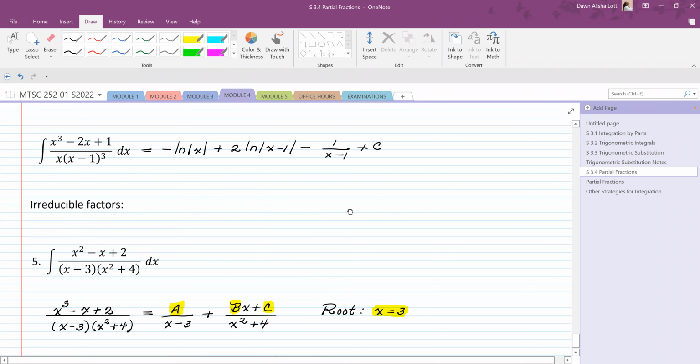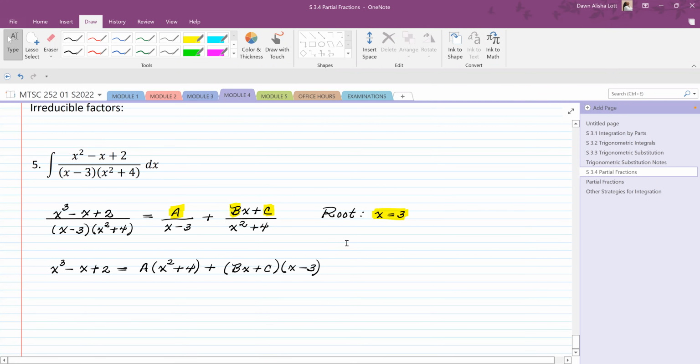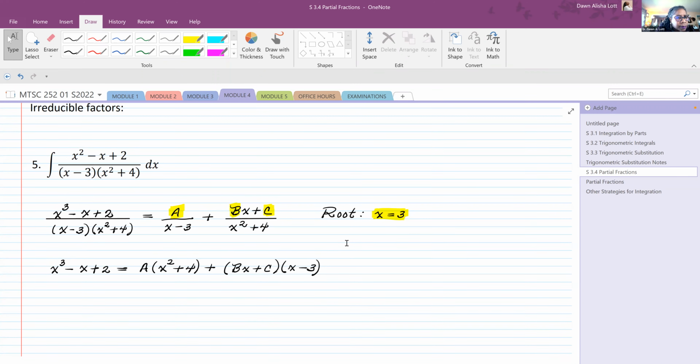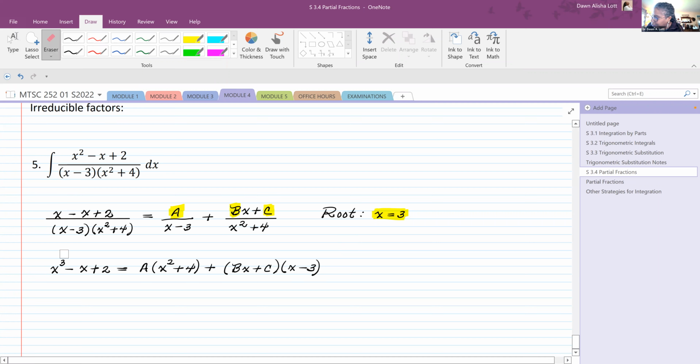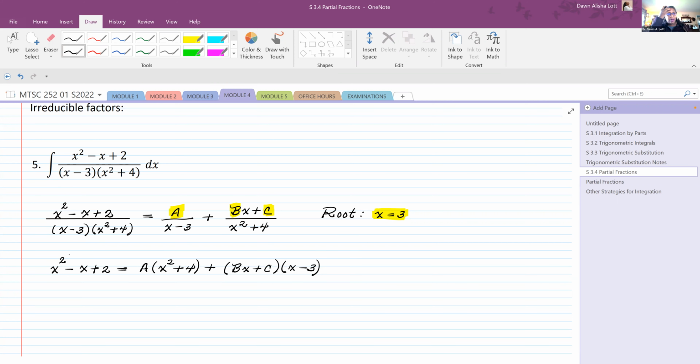No, I'm still on this one. It is x squared minus x plus 2 in the numerator. Right? Yeah, but in the original problem, this is x squared. I'm not sure what you're talking about. Oh, I understand now. Okay, it is supposed to be x squared. You are correct. Okay, thank you.